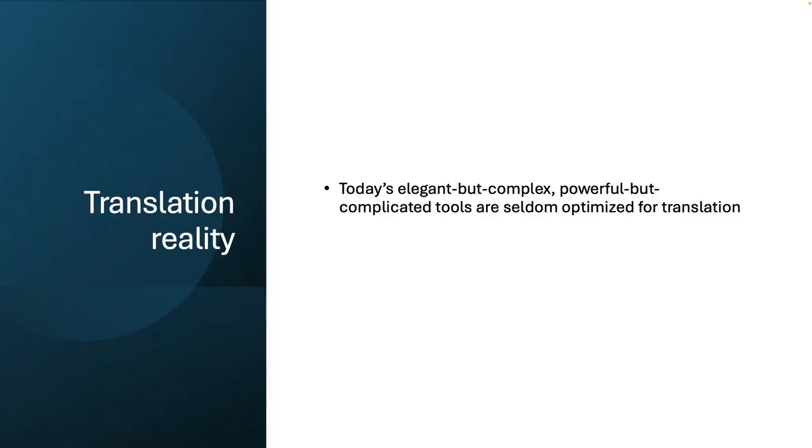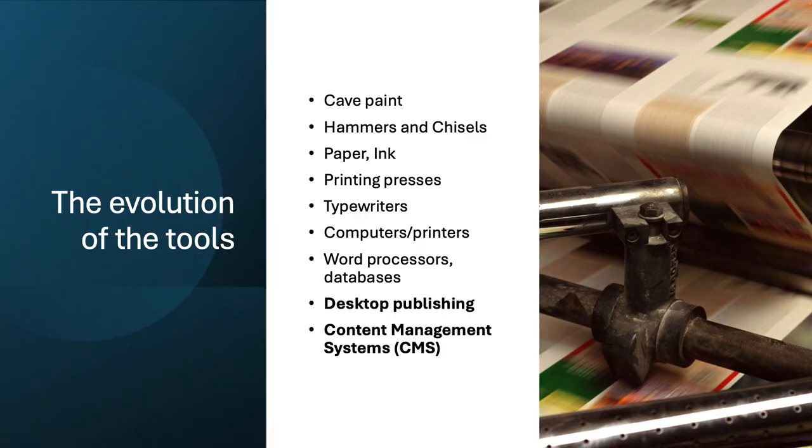So speaking of tools, how did we get here? Where are we and where are we going with regard to translation and communication? Started with cave paint, we went through hammers and chisels, we moved into paper and ink and printing presses, typewriters, and then came computers and printers. And then with computers and printers came word processors and databases.